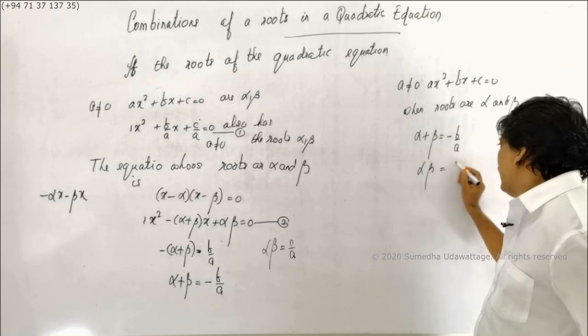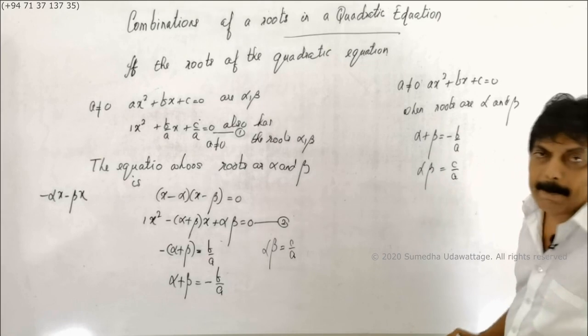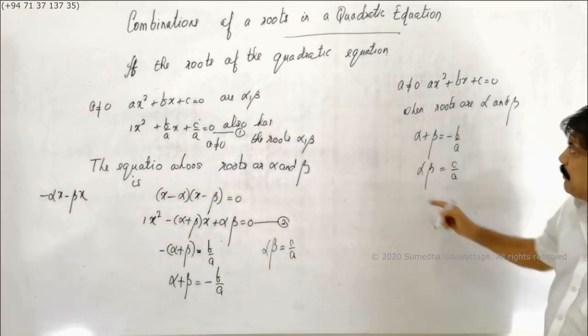Alpha beta is equal to c over a. You got to keep this in memory.